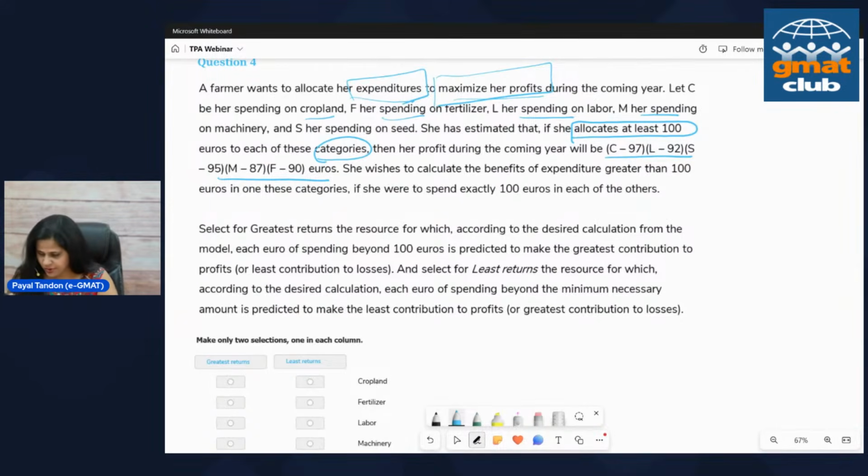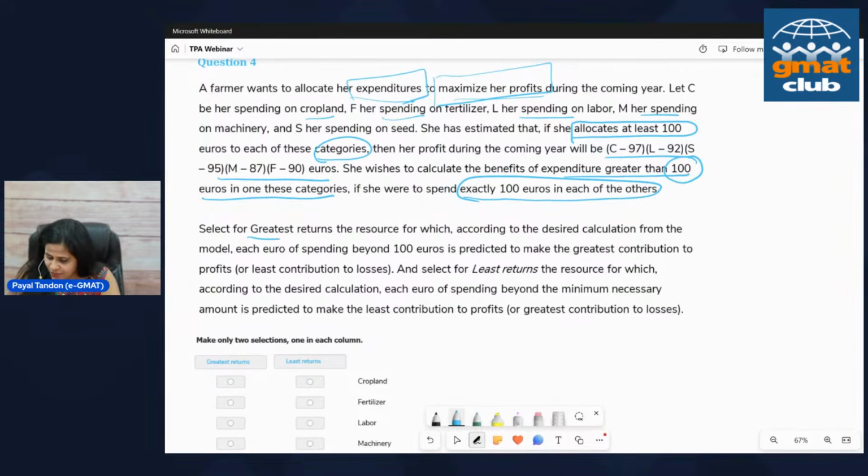That's important to understand. She wishes to calculate the benefits of expenditure greater than 100 euros in one of these categories if she were to spend exactly 100 euros in each of the others. So essentially, instead of spending 100 on everything, she says, what if I spend more than 100 on just one of these categories and 100 on everything else, and then see what happens.